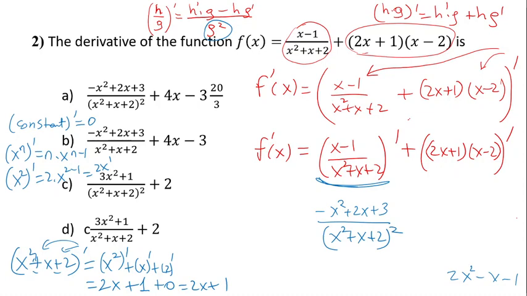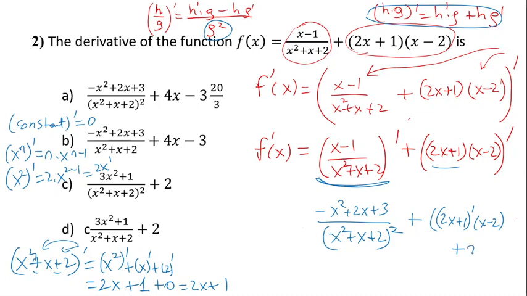Now when it comes to the other part, I will use the product rule. The product rule says it has to be, okay, the derivative of the first one, 2x plus 1 prime, times x minus 2, plus the first one times the derivative of x minus 2.